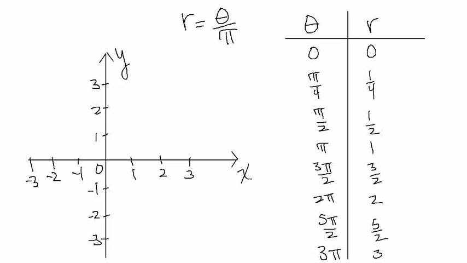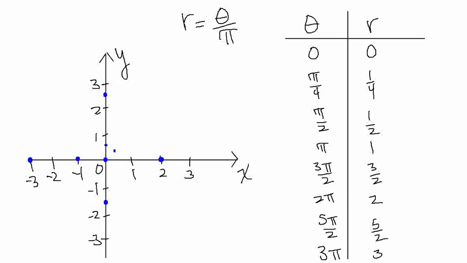for the first row, 0, 0, we'll have a point located at the origin. For pi over 4, 1/4, we will have a point located approximately right there. Pi over 2, 1/2, approximately right there. Pi, 1, right there. 3 pi over 2, 3 over 2, right there. 2 pi, 2, right there. 5 pi over 2, 5 over 2. 3 pi, 3.